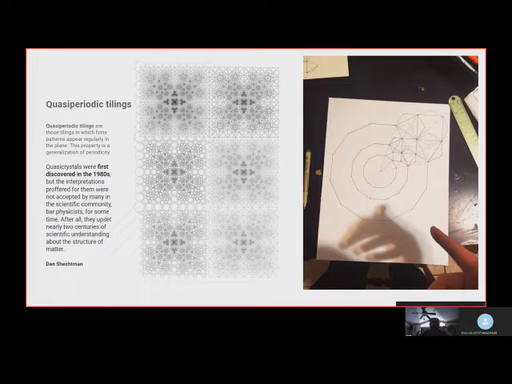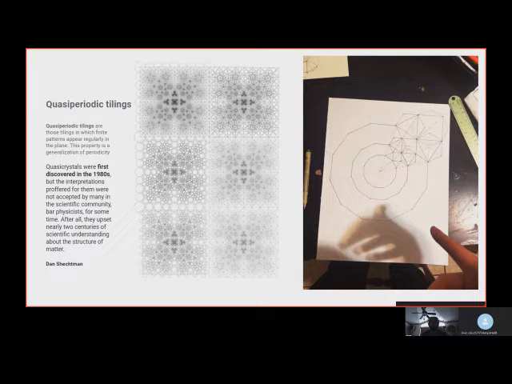So quasi-crystals were first discovered in the 1980s by Dan Schechtman, but the interpretations preferred for them were not accepted by many in the scientific community, bar physicists, for some time.